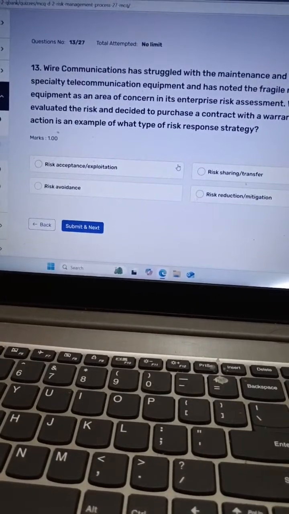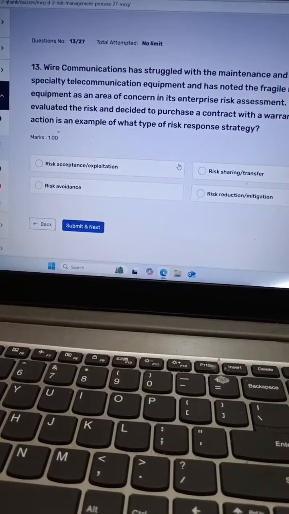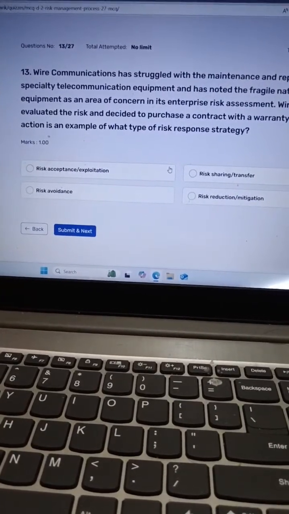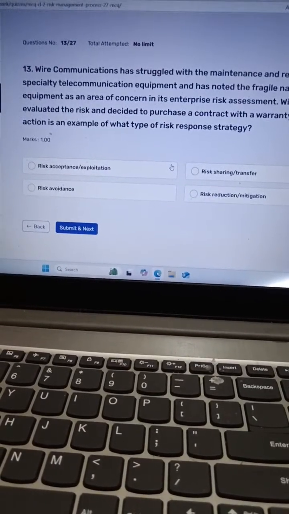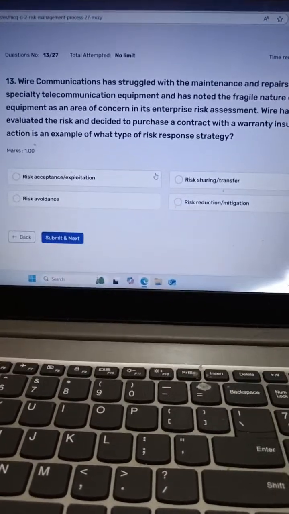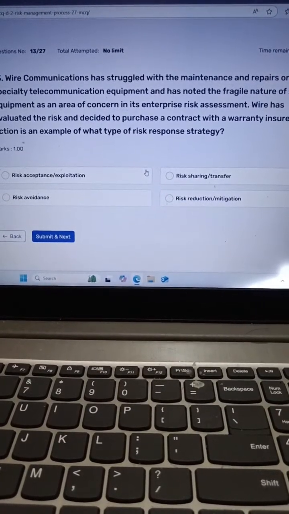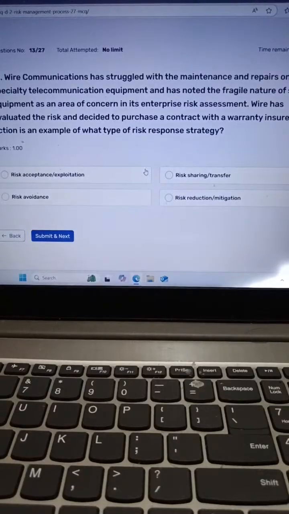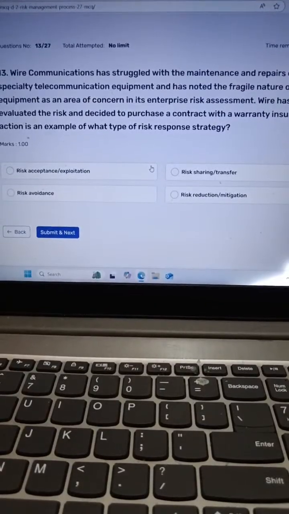In this case, the question is asking about a communication company struggling with the maintenance and repair of specialty telecommunication equipment, noting the fragile nature of some of the equipment as an area of concern in the enterprise risk assessment. They evaluated the risks and decided to purchase a contract with a warranty insurer. It means we are purchasing a warranty. Risk sharing or risk transfer.